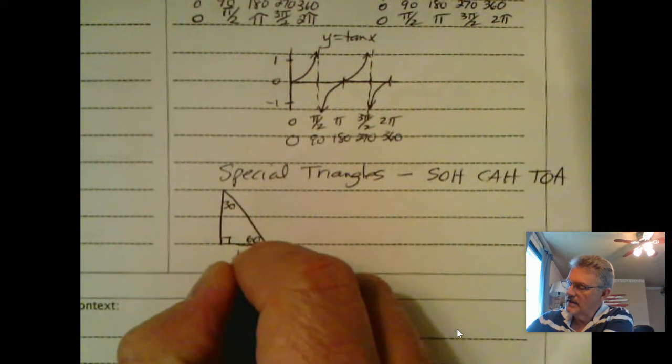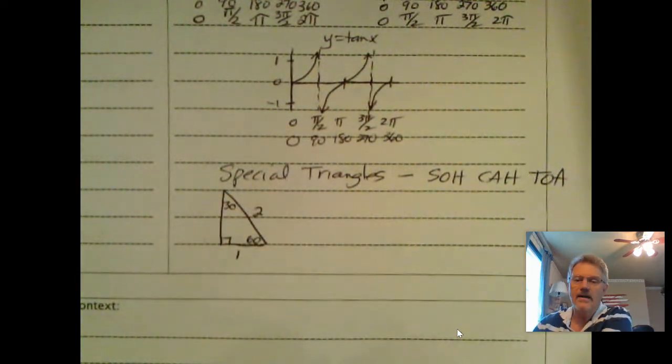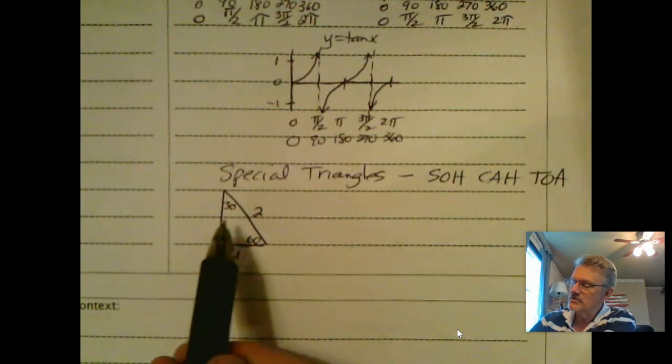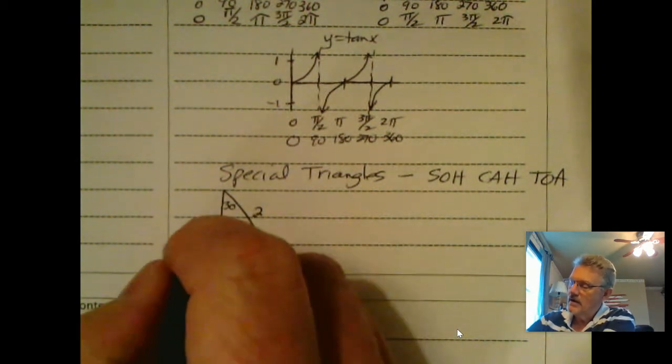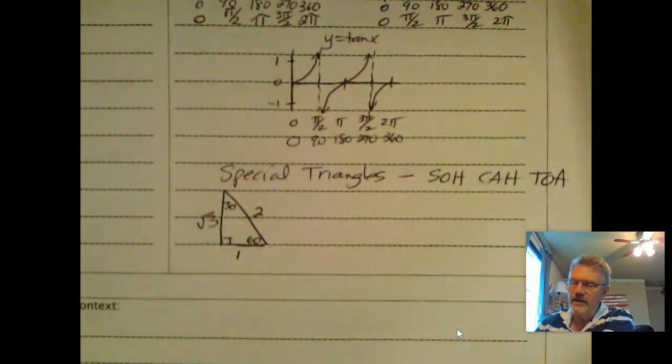So in a right triangle, if you did a squared plus b squared equals c squared, you would get radical 3 for the length of the other leg.